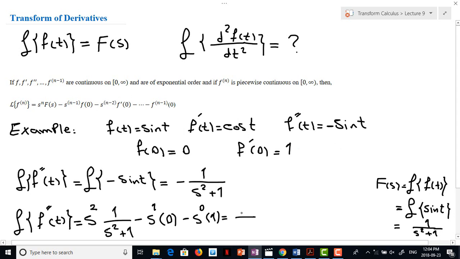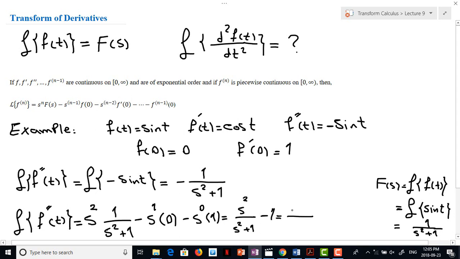So it's in fact equal to s squared over s squared plus 1 minus, this term is 0 because 0 times s, and here we have s to the power of 0, 1. 1 times 1 is 1.